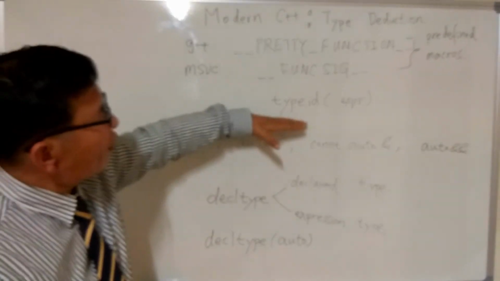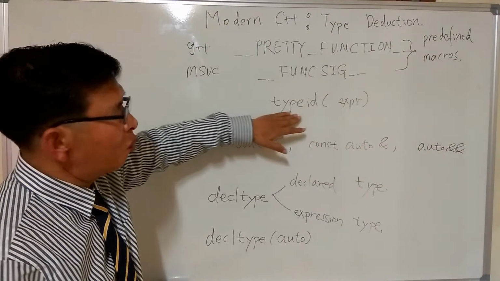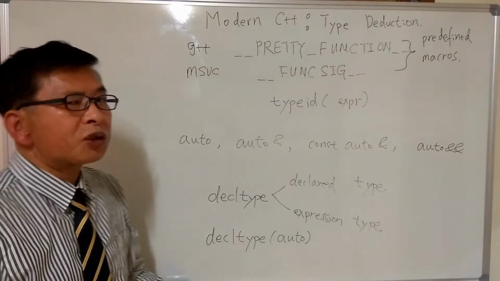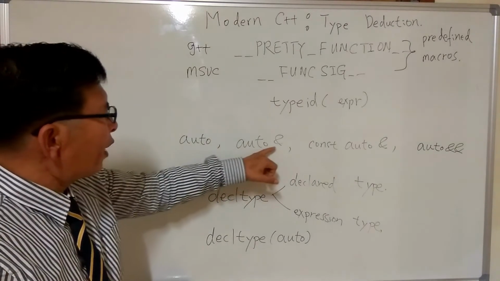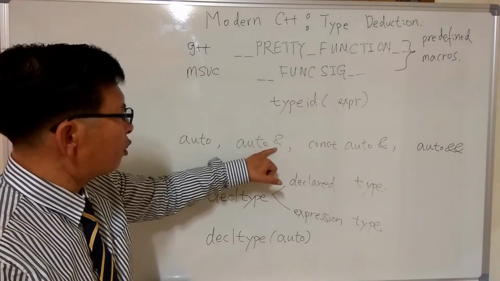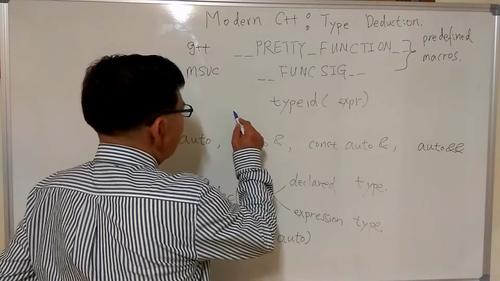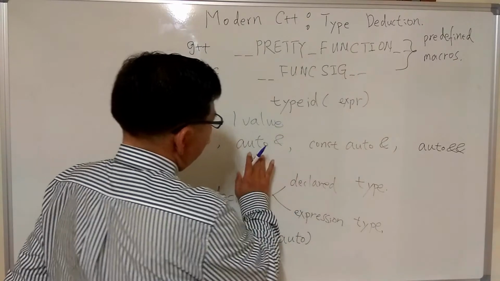And also the typeid expression. typeid is a C++ keyword, and this keyword is sometimes also very useful. And we will learn auto&, which is a reference called an L-value reference.